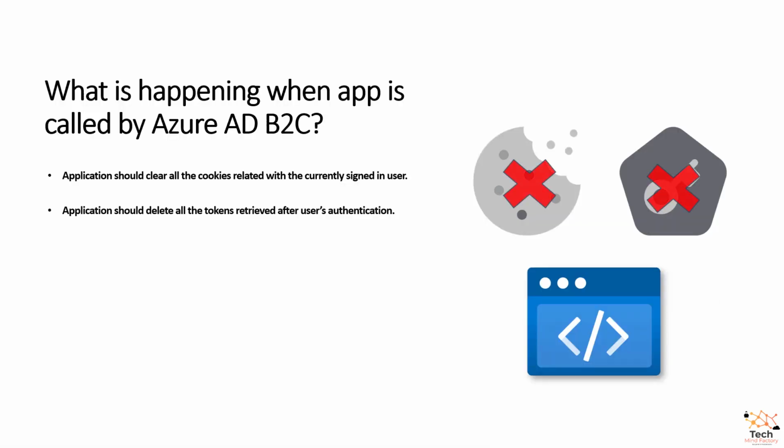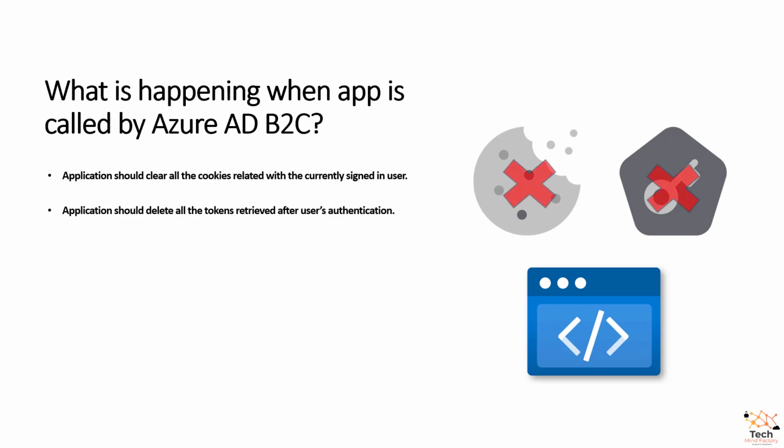Perfect. So what is happening when an application is called by Azure AD B2C? The application should clear all the cookies related to the currently signed-in user, and the application should delete all the tokens retrieved after the user's authentication. So when Azure AD B2C calls those applications using HTTP GET, those applications should react.